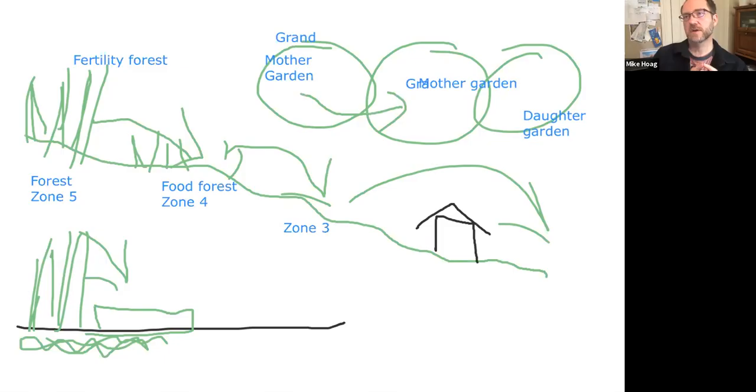It's where they're growing their calorie crops, and they're specifically setting it up so they have this fertility system of the forest to provide the fertility naturally for the mother garden. And the mother garden does some of the same for the smaller daughter garden, and the daughter garden is actually a children's garden. So they use the daughter garden in zone 1 as a teaching garden for the kids. I love this system too. So that's another great interaction.